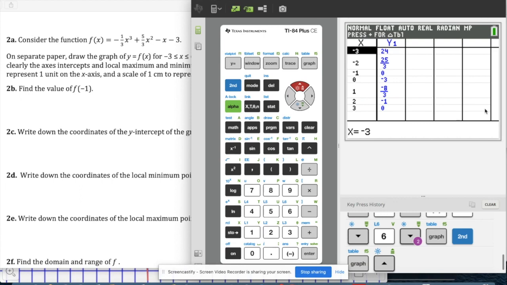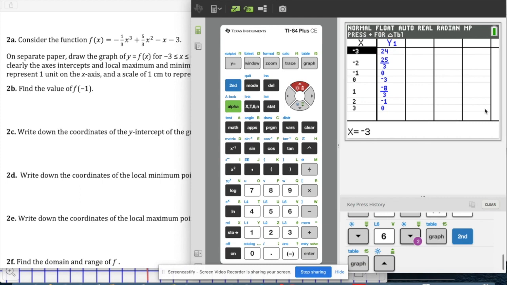I should use a different color. Try black again. It's supposed to be black. All right, and then that's -1, 0, -3. I didn't continue my scale down here to -3.